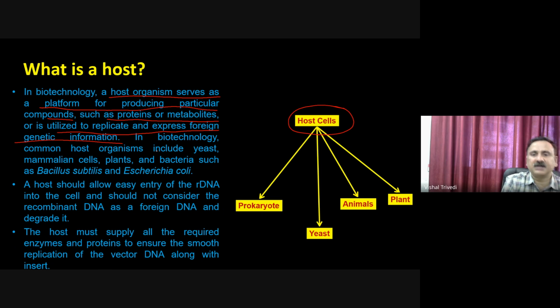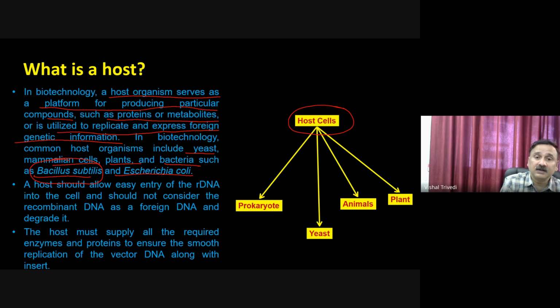As far as the host organism is concerned, we can have hosts like yeast, mammalian cells, plants, and bacteria such as Bacillus subtilis and E. coli. Bacillus subtilis is recently very popular for producing different types of proteins for the simple reason that E. coli is a very simple system, but E. coli does have the problem of codon bias and so on.